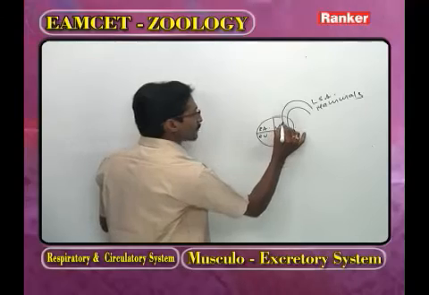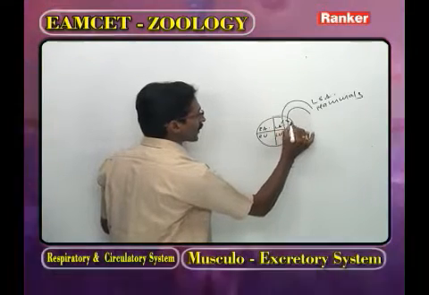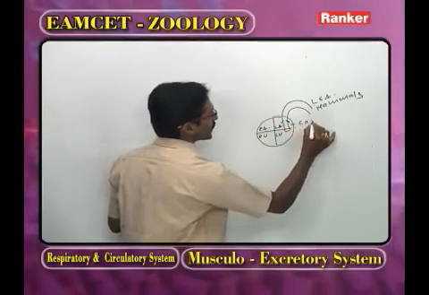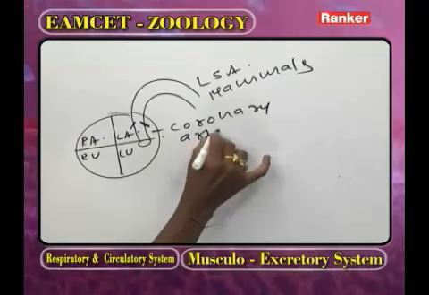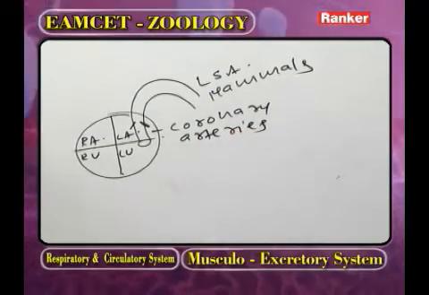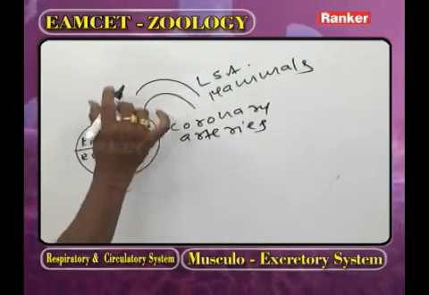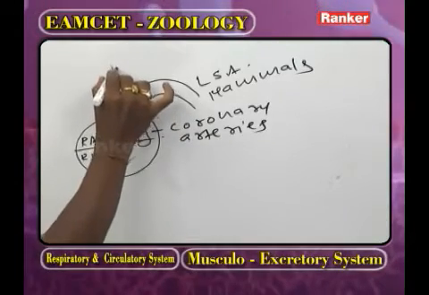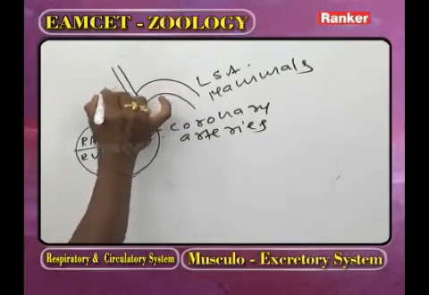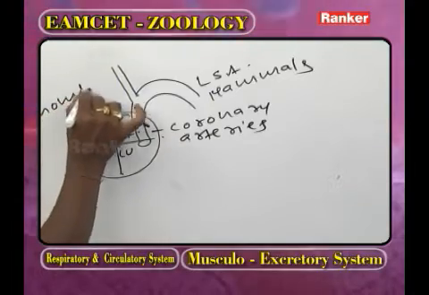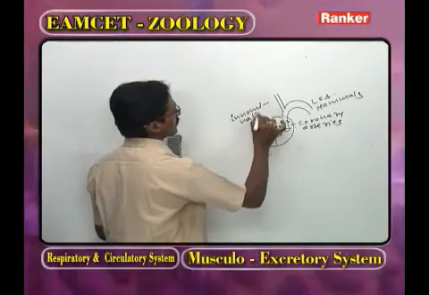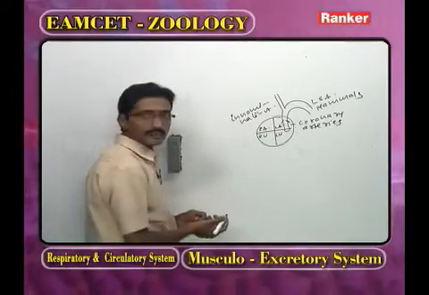Now from the base of the left systemic arch, the coronary arteries arise. And this is a nameless artery, that is called the innominate artery.